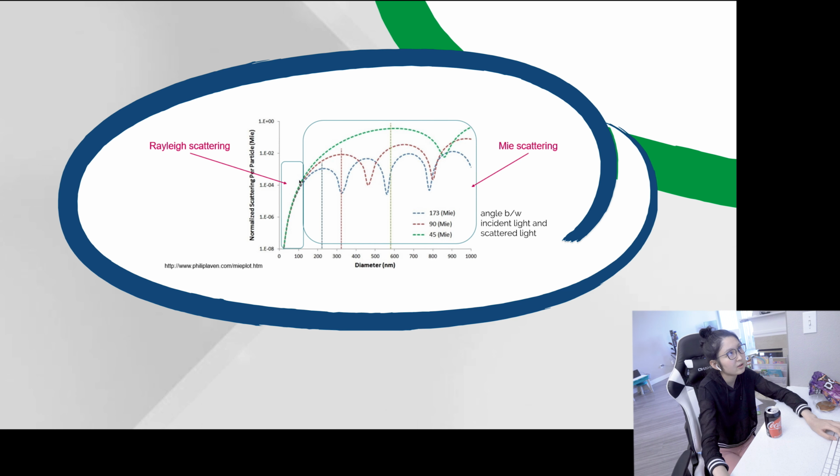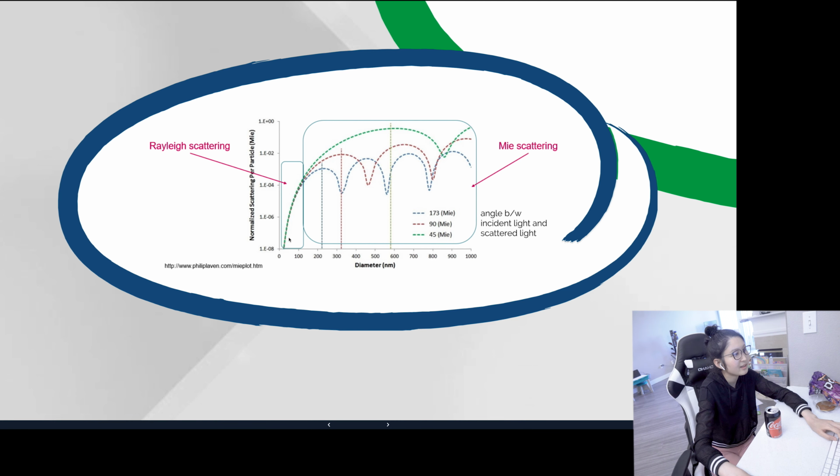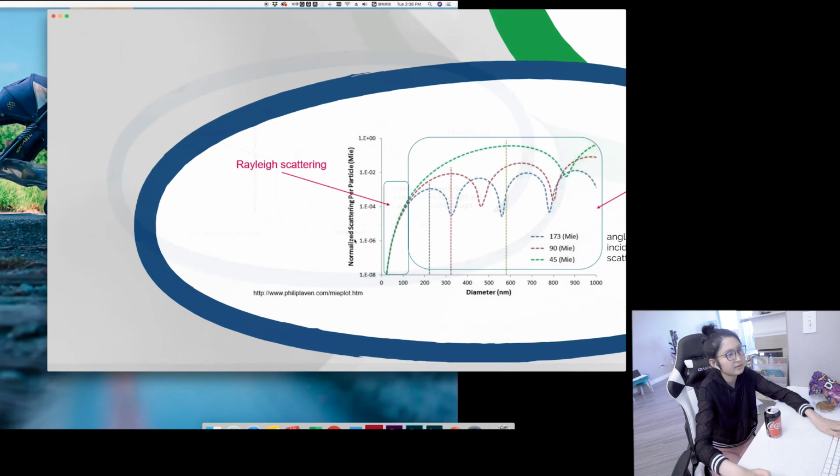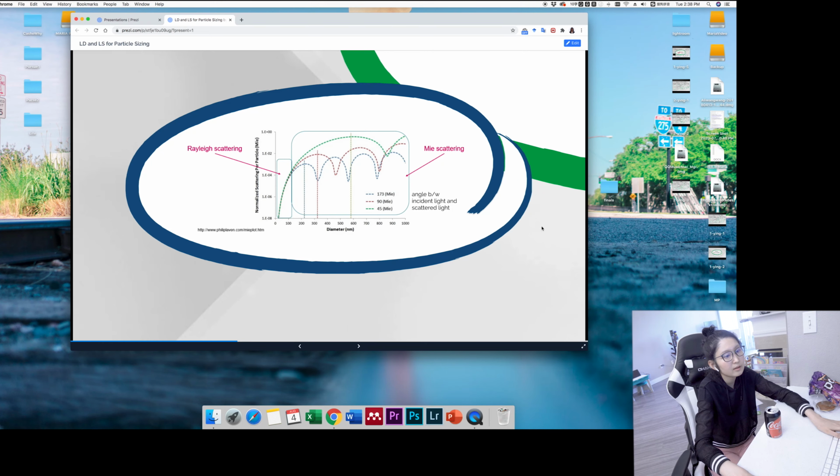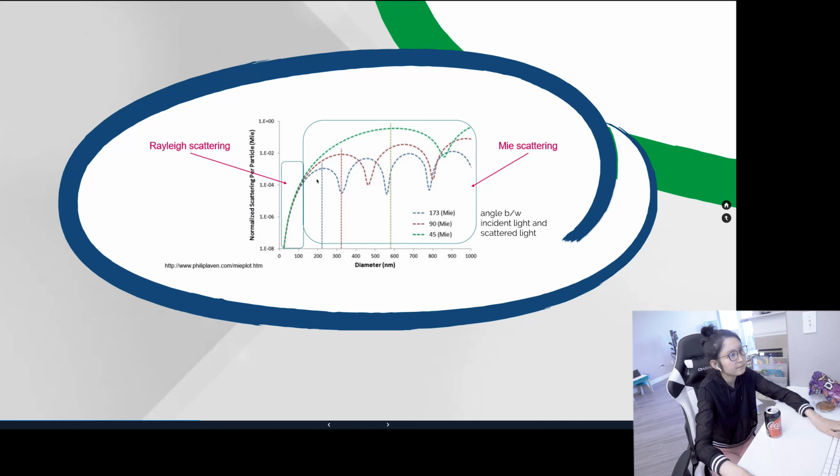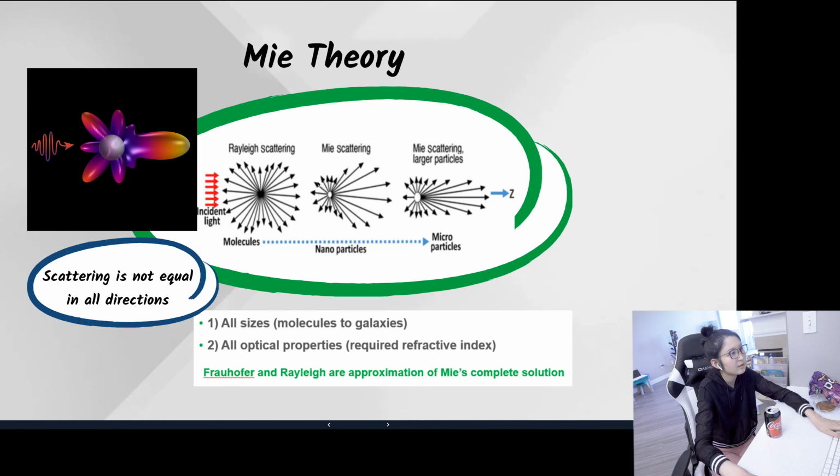You can say that if the detector is sensitive enough, you can still tell, but when it gets to like 10 nanometers, there's really no way to see the angular dependence because there's none anymore. So then it hits the lower limit and enters into the Rayleigh scattering regime. Okay, so that's the Mie theory.